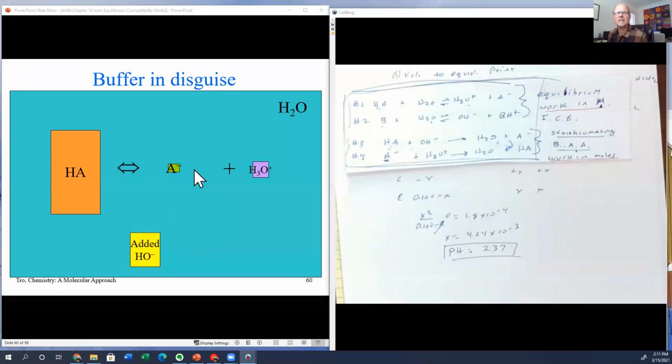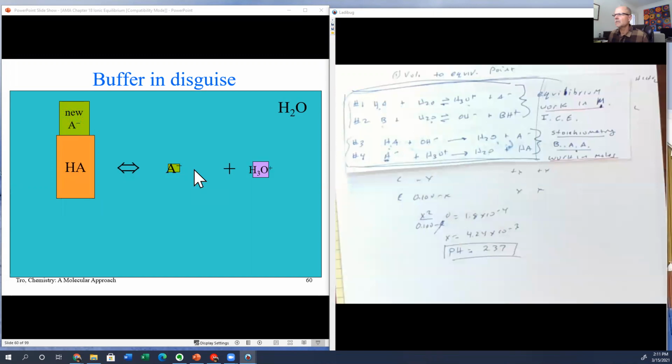Again, I know we've seen this a couple times already, but look what happens. This reacts with the HA, the acid, right? What does it form? New conjugate base and some water. So the new conjugate base is a product. And now you have significant amounts of both an acid and a conjugate base. So you have a buffer, right?